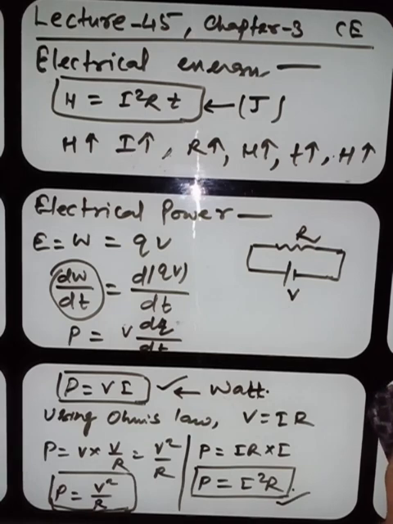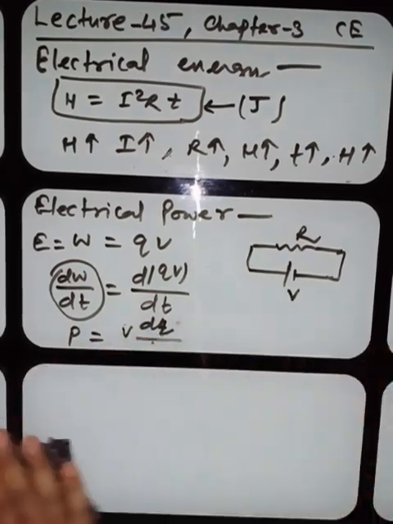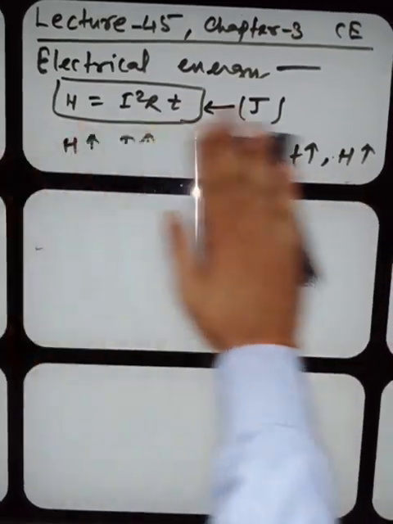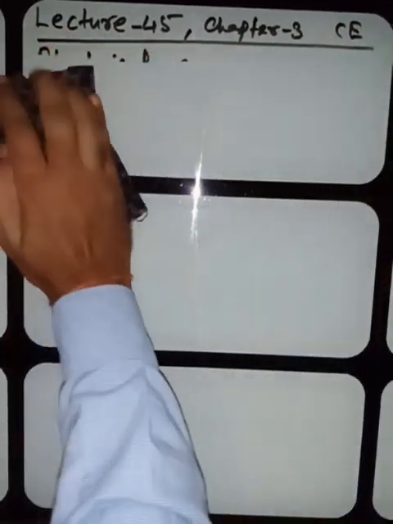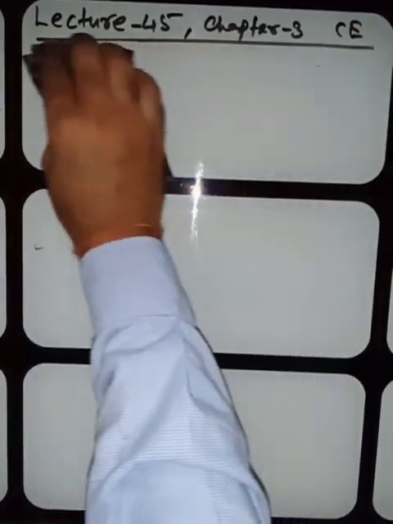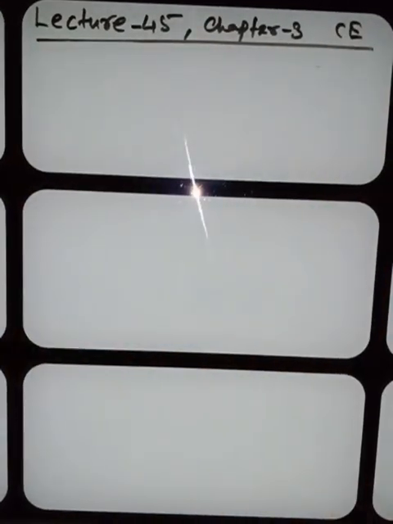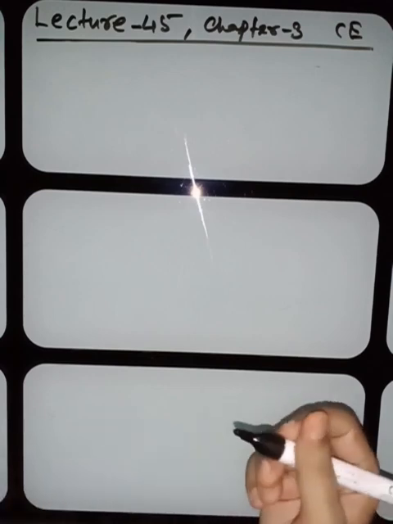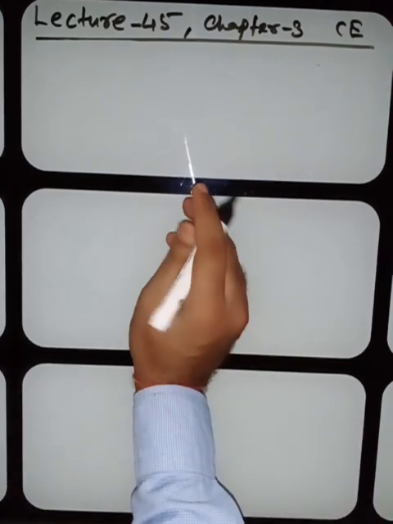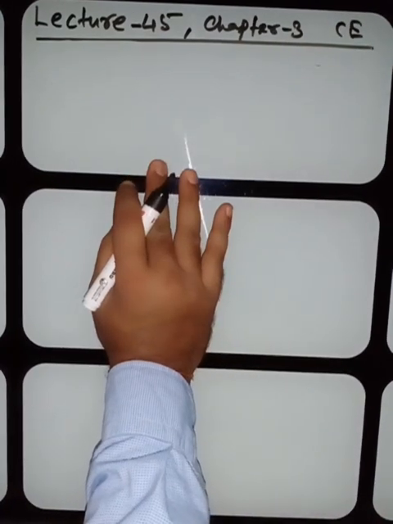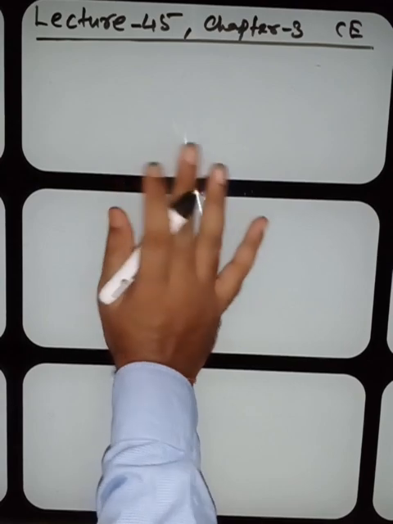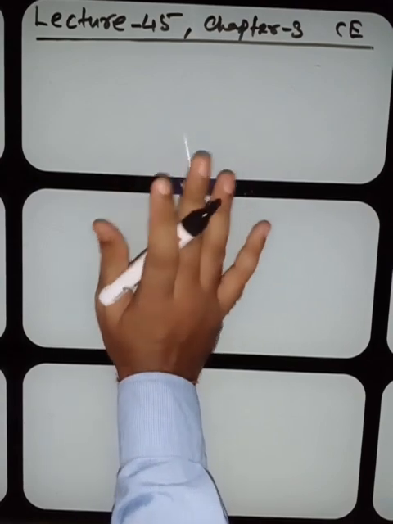Let me finish the chapter first, and then we'll start practicing the questions. I think it is the last class, because I am not getting any more questions to solve that you feel difficulty. Okay. So the next topic is the efficiency of a cell, that is the source of potential.